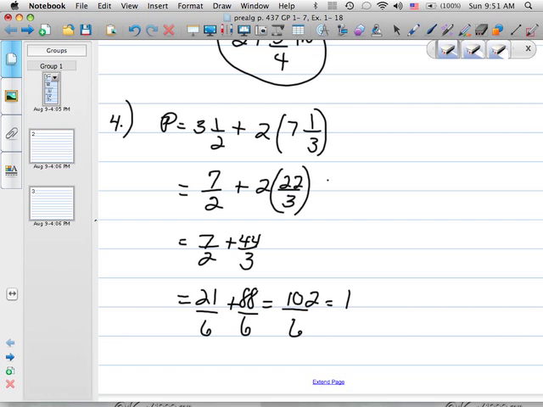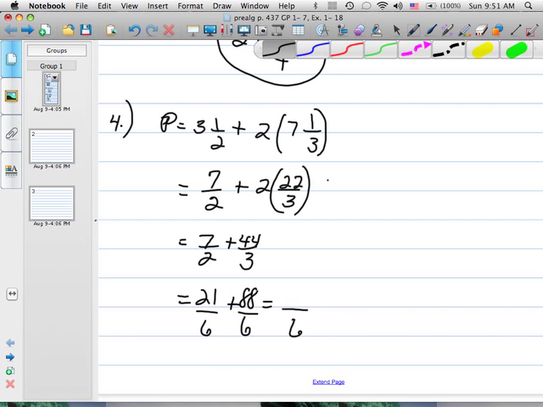And then I add that together and I get 109. 6 goes into 10 once, 4 left over. 6 goes into 49, 8, 48 with 1 left over. So it's 18 and 1/6 feet.